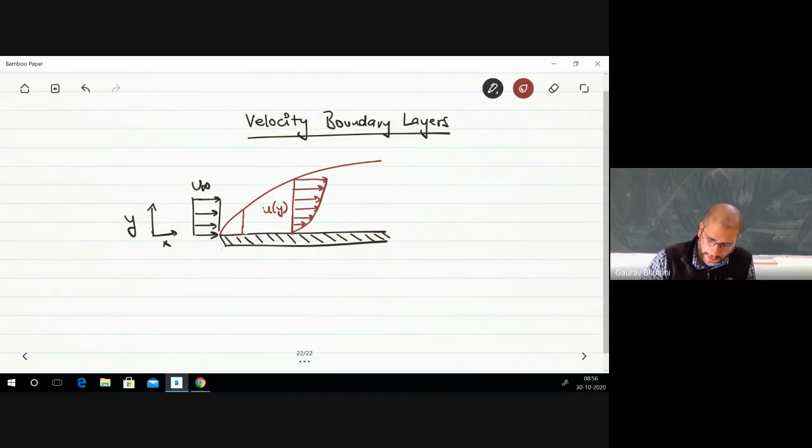And on the edge of the boundary layer, your velocity, the x velocity, is equal to 0.99 times u infinity. So we tend to write that as u infinity outside the boundary layer. And then on the surface, you have your u equal to 0. So again, if I draw the boundary layer for a different distance, again the flow has to go from u equal to 0 to u equal to u infinity at the edge of the boundary layer.